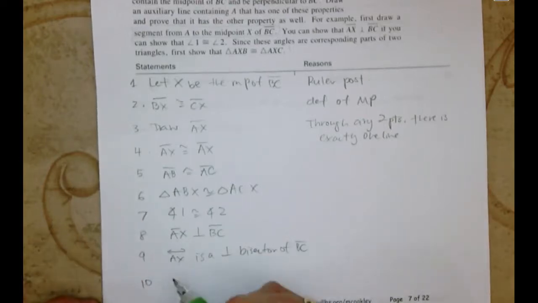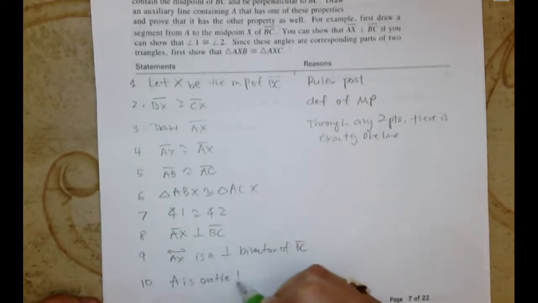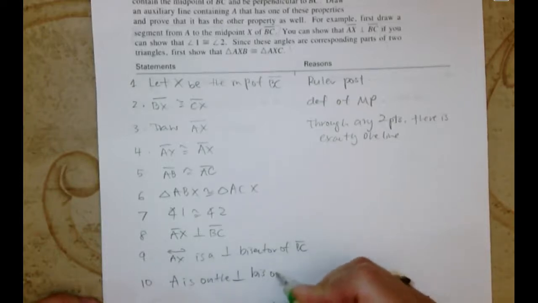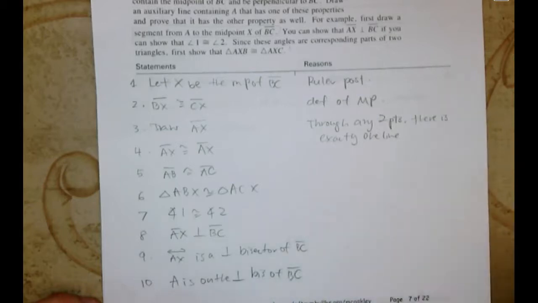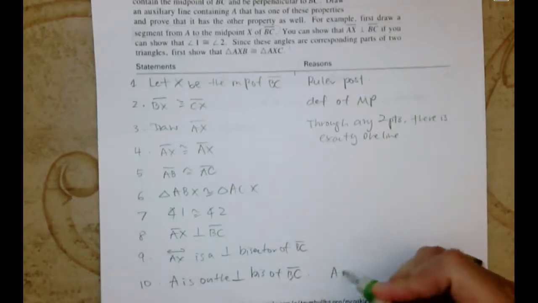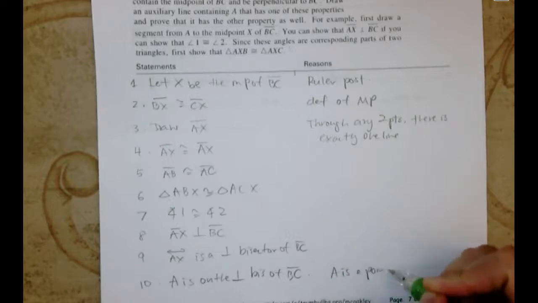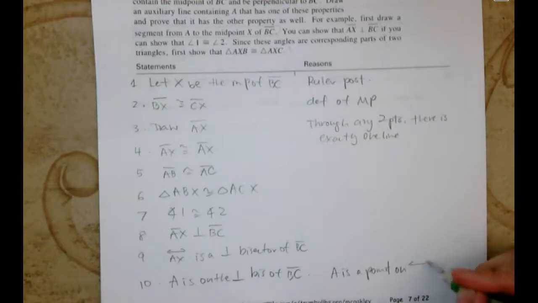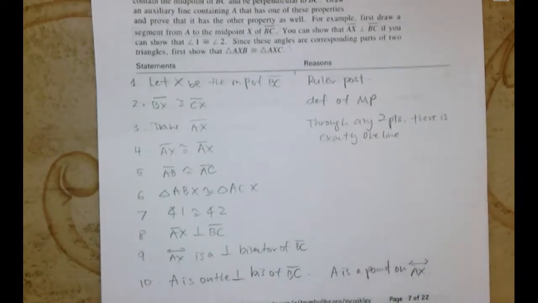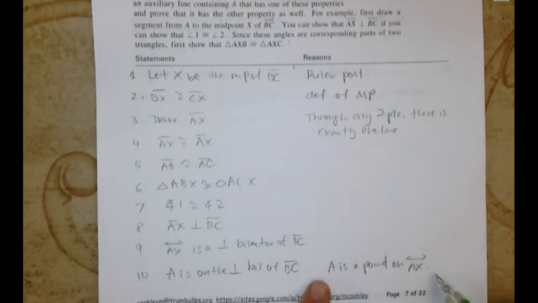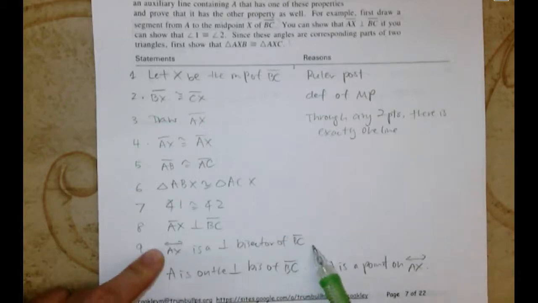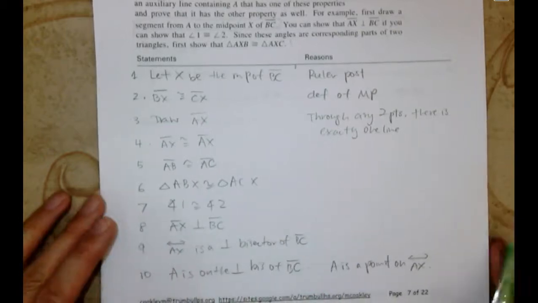All right, and then A is on the perpendicular bisector of BC. And then this one is A is a point on line AX. Okay, so do the reasons here. And I think this is a little tricky and this is a little tricky, but I wanted to try. Okay, right.